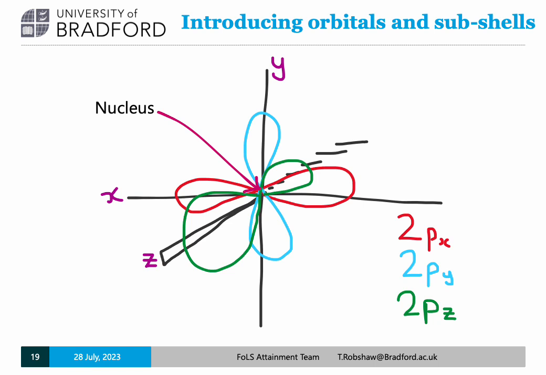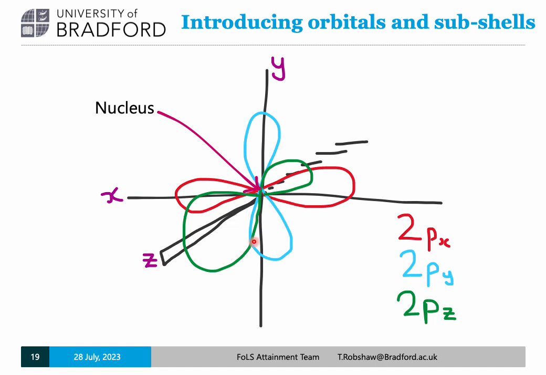So if we draw a set of 3D axes, Cartesian coordinates is the posh name for this, and imagine our atomic nucleus is in the centre here. One 2p orbital points this way along the x-axis, one points along the y-axis, and one along the z-axis.